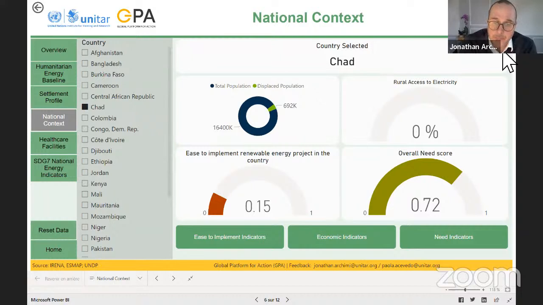So I let Megan and Phil, who are responsible for these projects, take over. Megan is the project manager and Phil the research associate. Megan and Phil, the floor is yours.